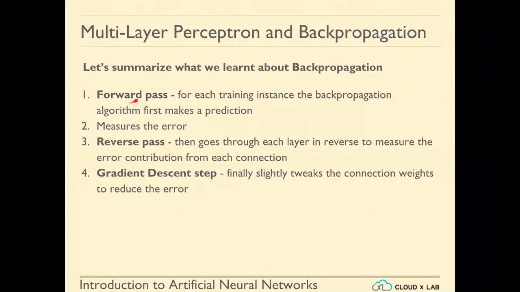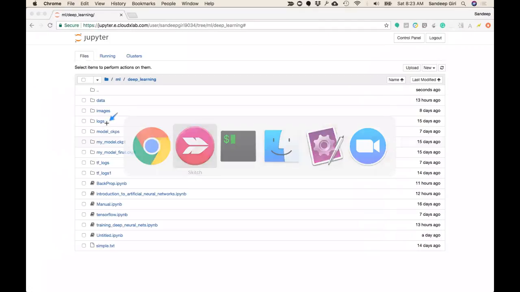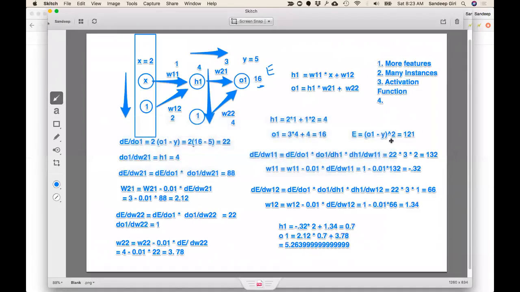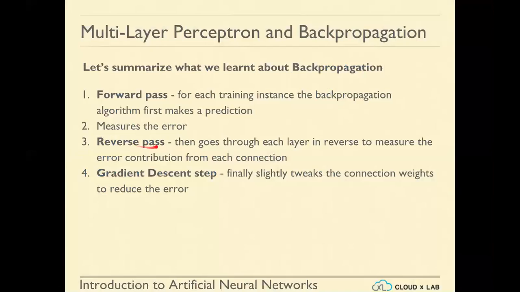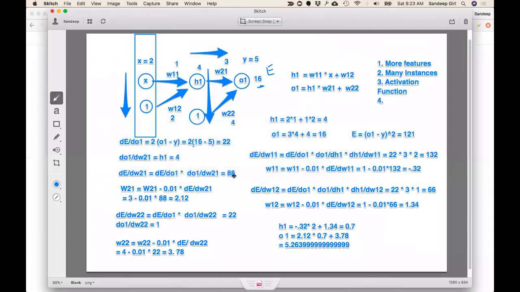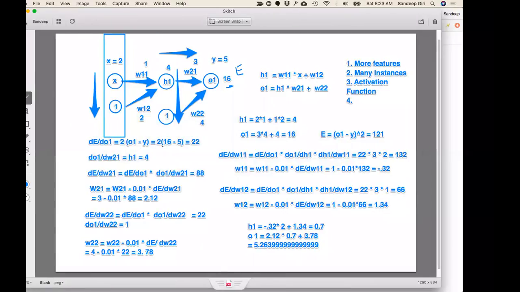So these were the things that we did. We did a forward pass for each training instance. The backpropagation algorithm first makes the predictions, right? Then we measured the error, so we computed the error at this point. Then we did a reverse pass, going through each layer, and we measured the error contribution from each connection. That's what took the entire time till here, right? And then we finally do the gradient descent.